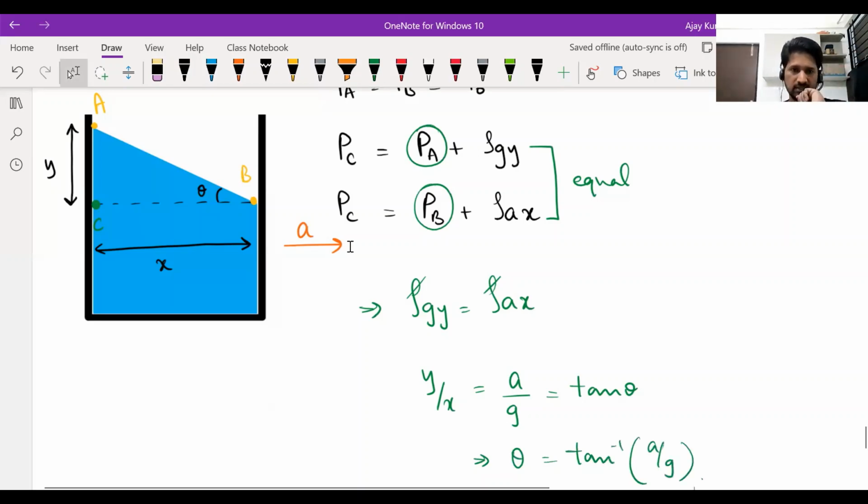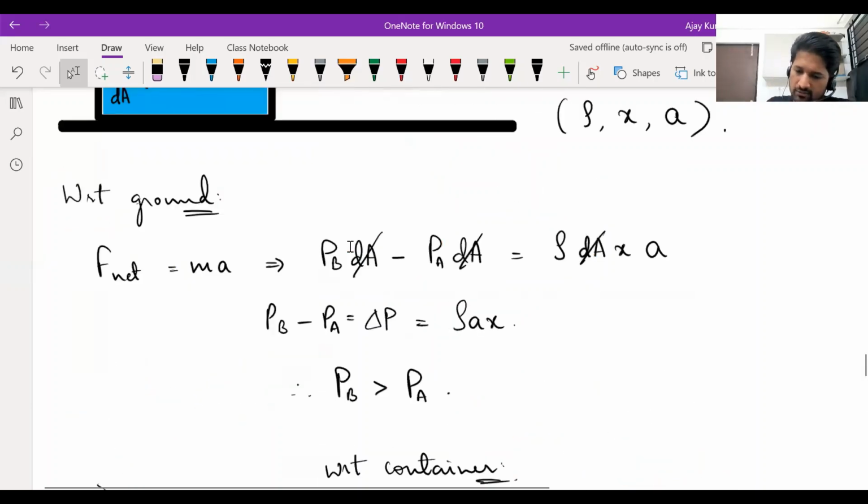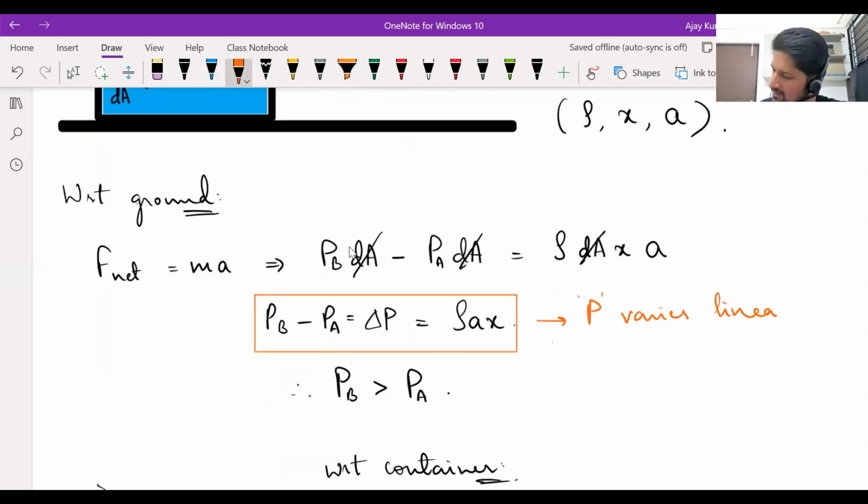So if the acceleration is constant, then first we derive the expression for horizontal pressure variation. This is very useful. Horizontal pressure variation will be rho a x, that means pressure changes with distance x in the horizontal direction. And vertically it anyway varies linearly, P naught plus rho g y.